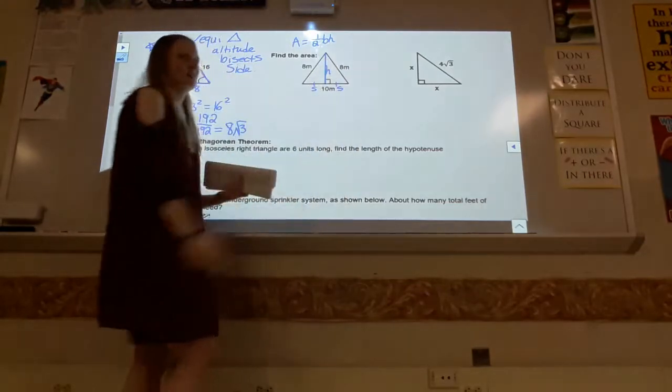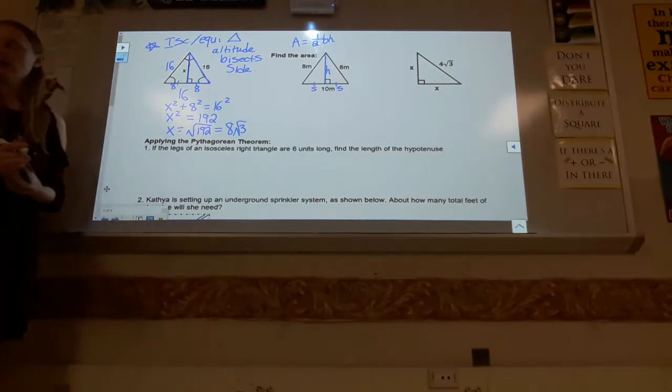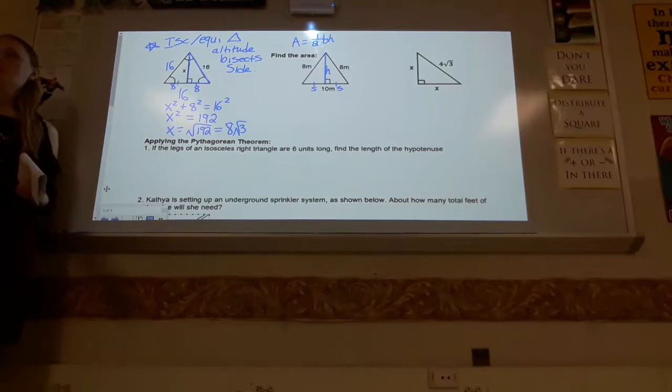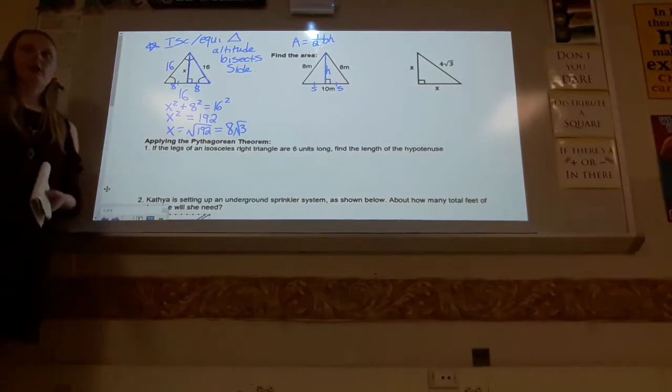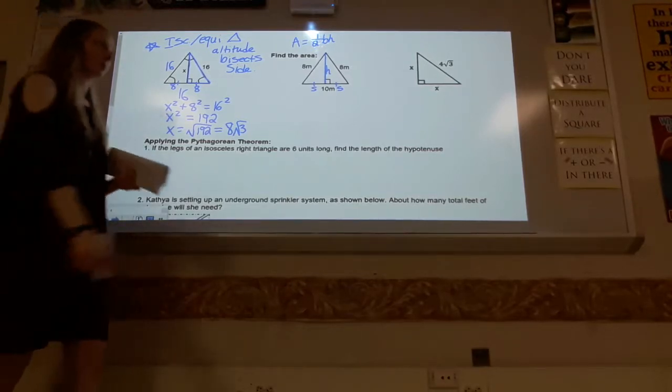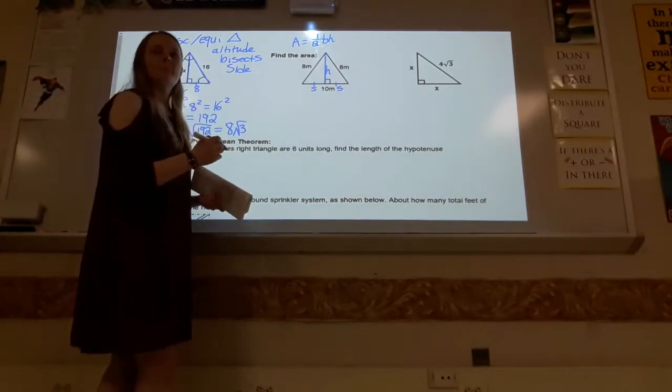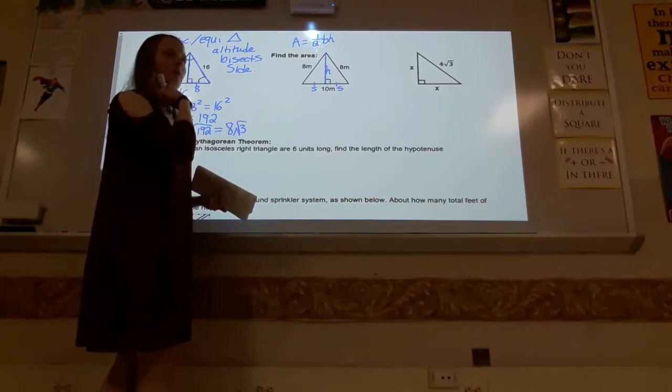I'm trying to find the height so I can actually plug that into the area here. So how would I find the height? It's a right triangle. I have 2 of the 3 sides and I'm looking for the third one. That's your scenario for Pythagorean theorem. You know 2 of the sides, you're looking for the third one. So what would my formula look like? Anybody?